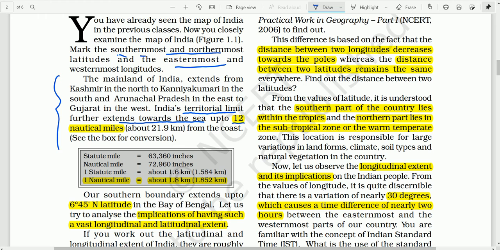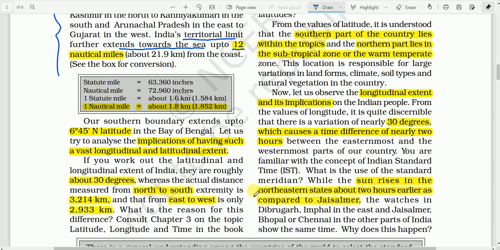That means we can extract our resources up to 12 nautical miles from the coast, and the equivalent is given here. 1 nautical mile is equal to 1.8 kilometer, and 1 statute mile is equal to 1.6 kilometer.